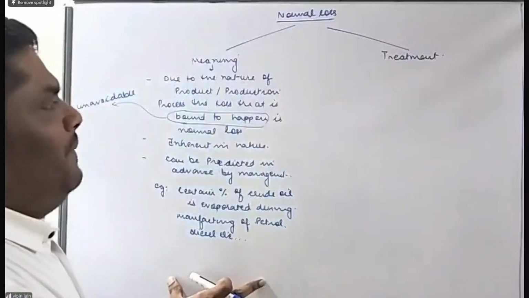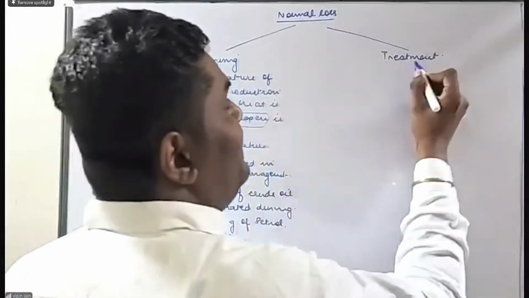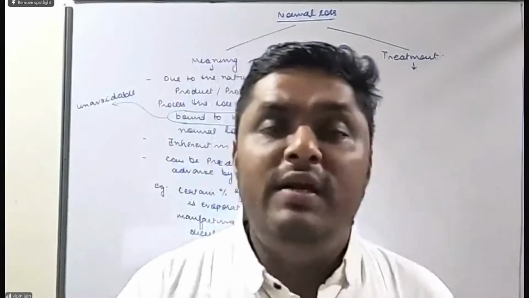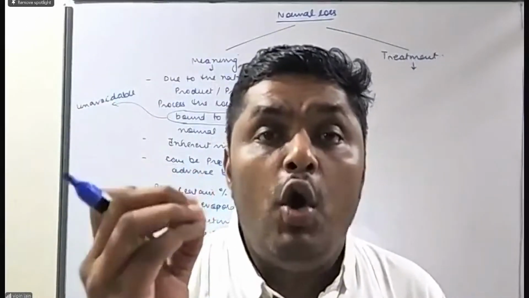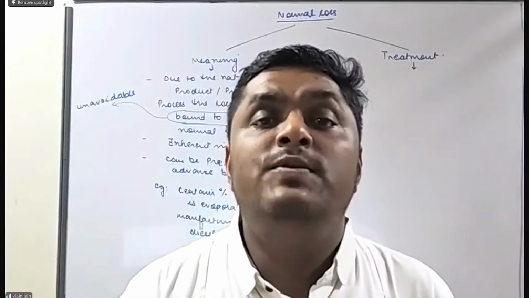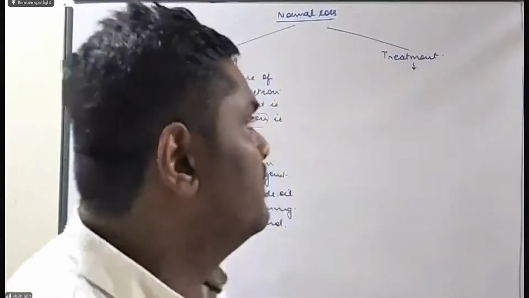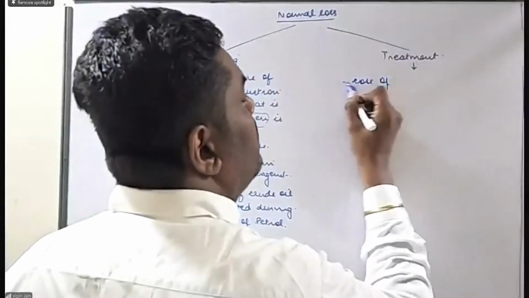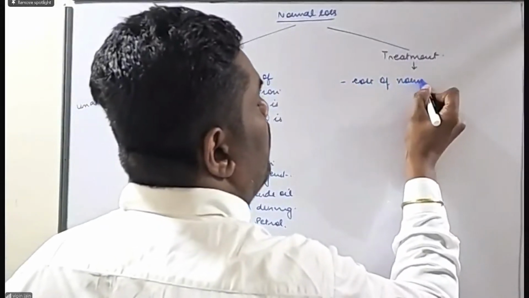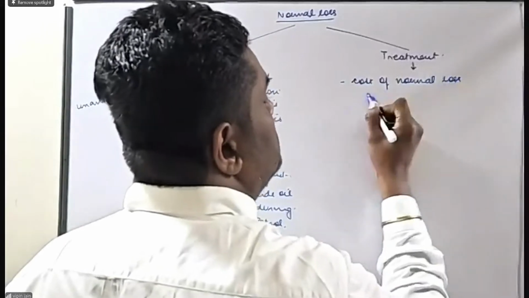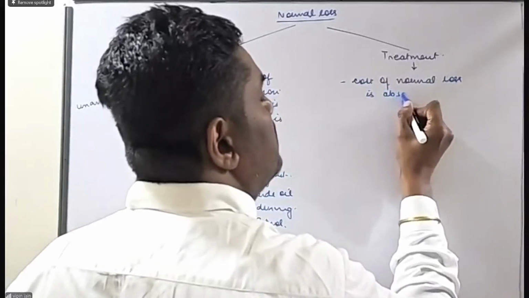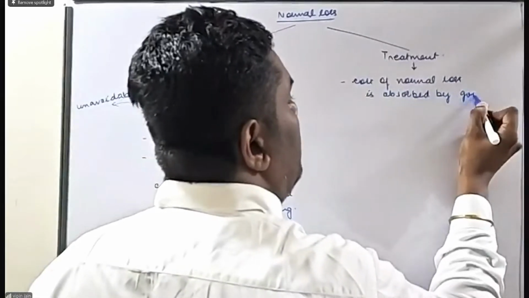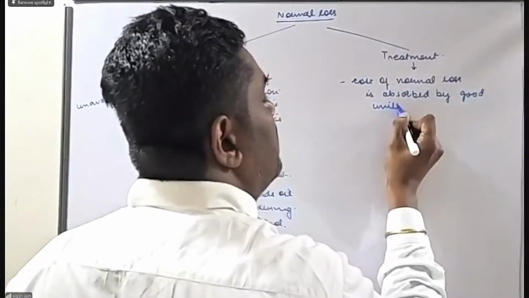So this is all about the meaning of normal loss. When talking about the treatment of normal loss, the cost of normal loss is absorbed by good units.